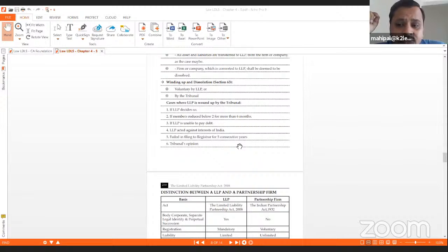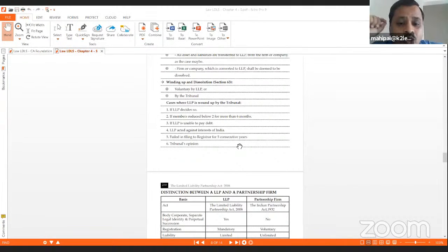Great. Can a company be a designated partner? Yes, but it has to appoint a nominee. And should that nominee be an artificial person or a natural person? Natural person. Great.